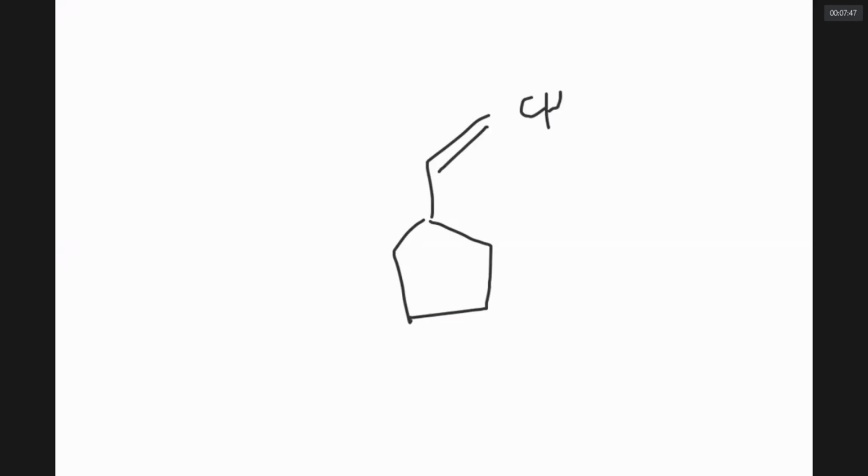What is the name of this compound, sir? Can you think? Vinyl, 2-cyclopentyl ethene.